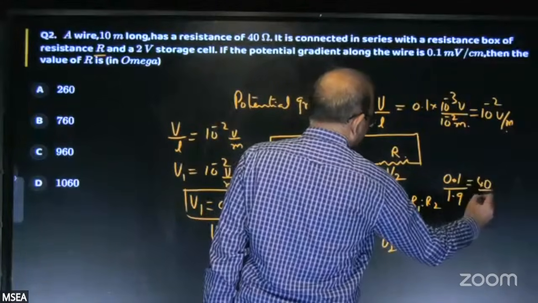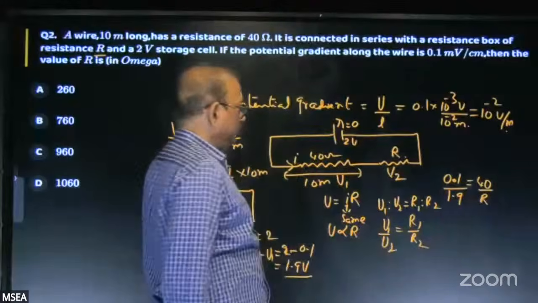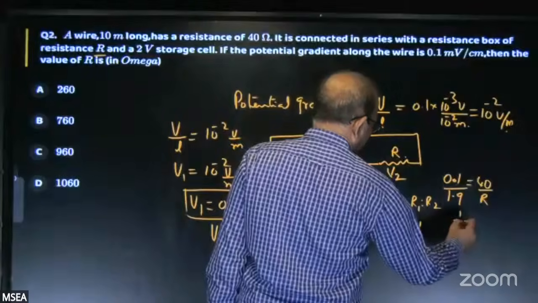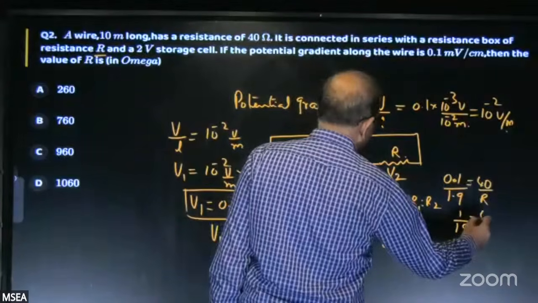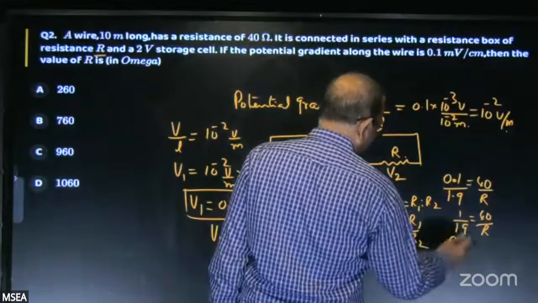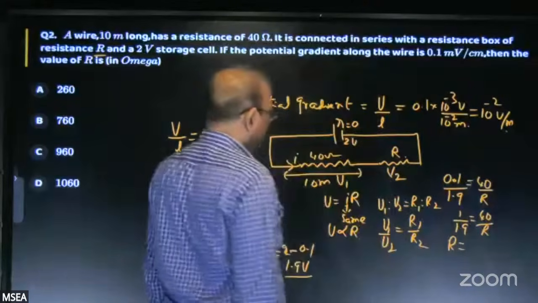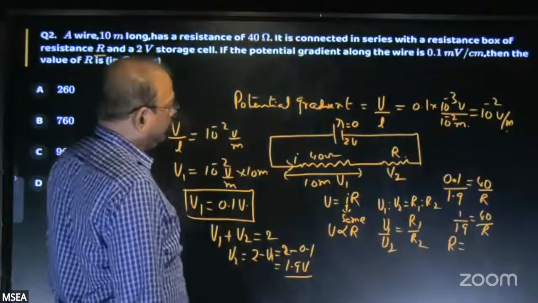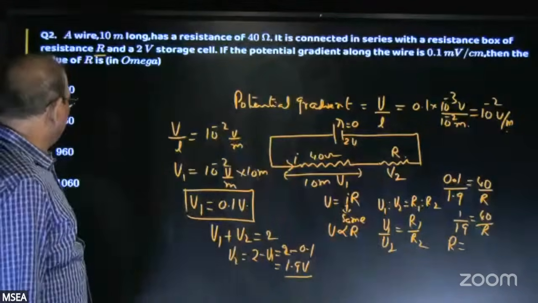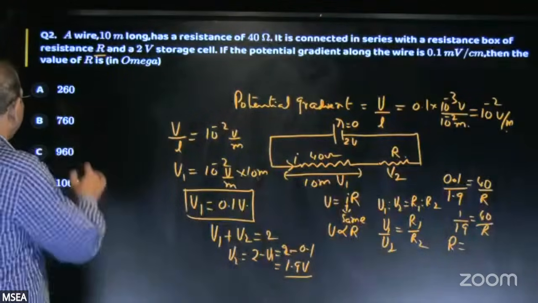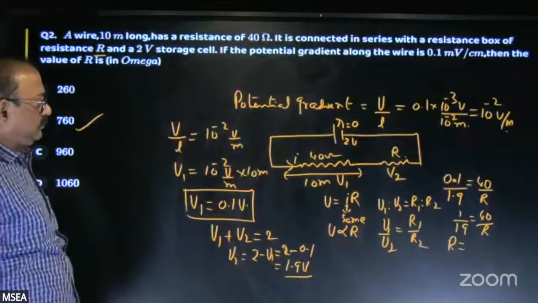R2 is unknown, R. From that find R. 1 by 19 is 40 by R. R is, find that R value. 40 into 19, 760.